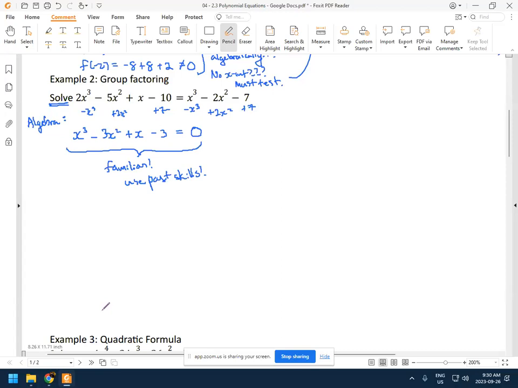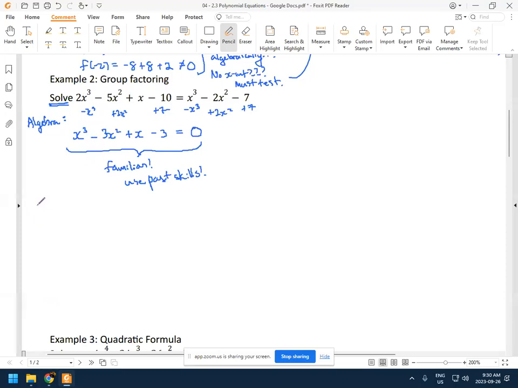What would you do at this point? Factors of 3. Yes, you could. Now I'm going to cheat. This example has group factoring. So sometimes you don't have to go that far. Sometimes the numbers are nice so that you can do group factoring from when you're a kid.